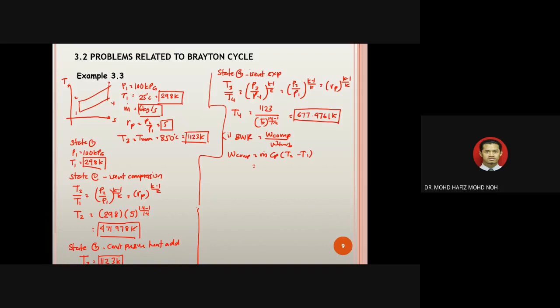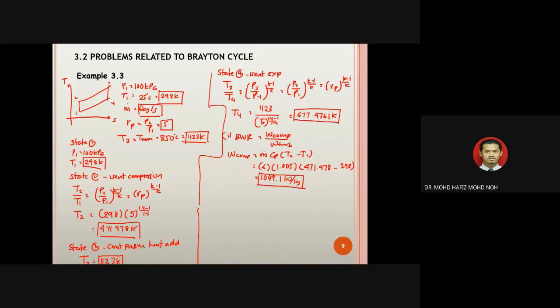The mass flow rate is given as 6, Cp is 1.005, T2 is 471.978 minus T1, and T1 is 298. So now you get the value of W compressor equal to 1049.1 kilojoule per kg.